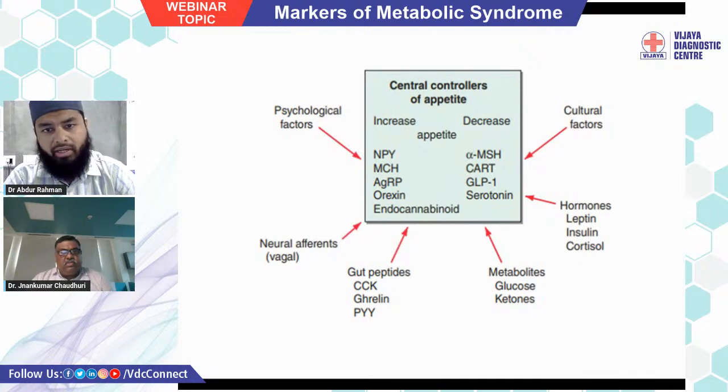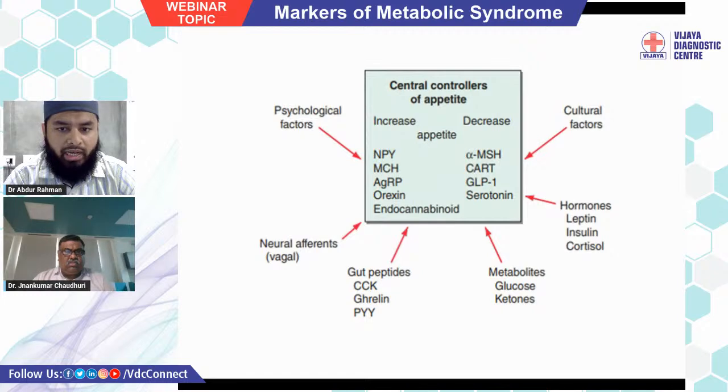So obesity is affecting the rate of progression of the metabolic syndrome very severely. Patients having increased amounts of neuropeptide Y, MCH, and agouti-related peptide generally will be obese. For example, let's take the example of ghrelin. Ghrelin will activate the AMP-activated protein kinases.